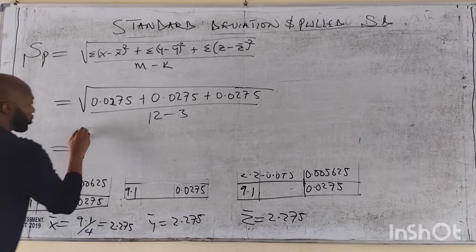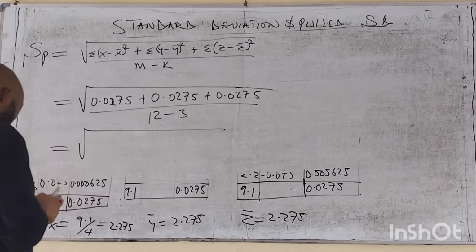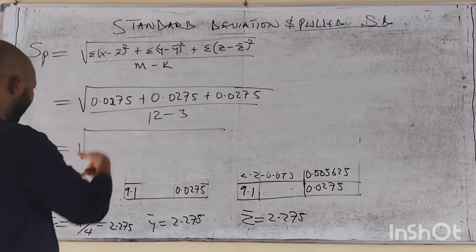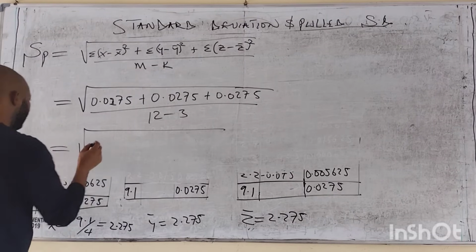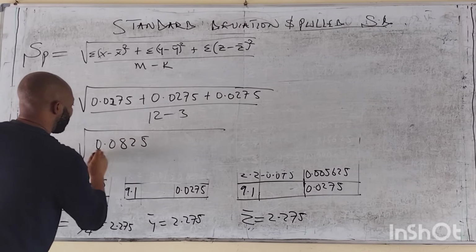This is equal to 0.0275. If you multiply that by 3, you have 0.0825 over 9.